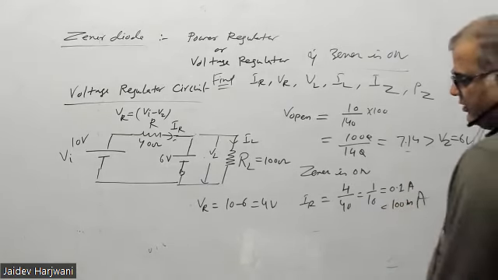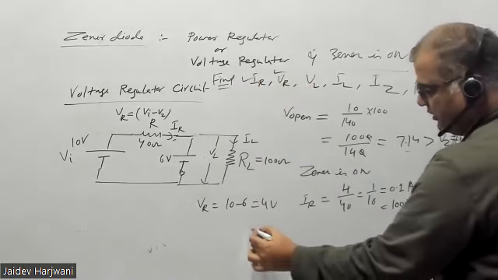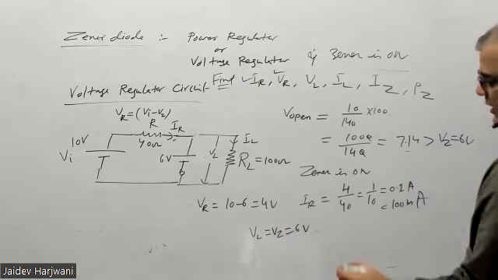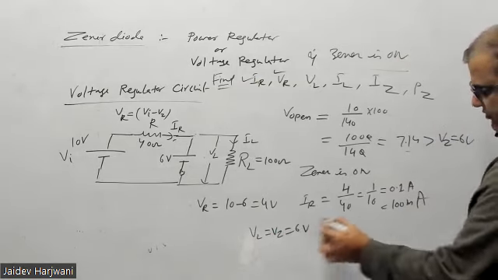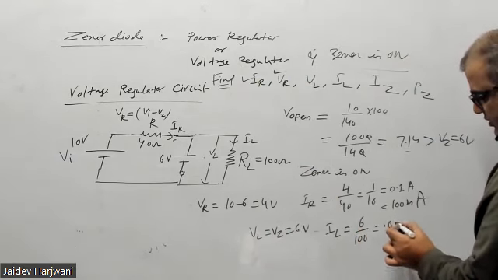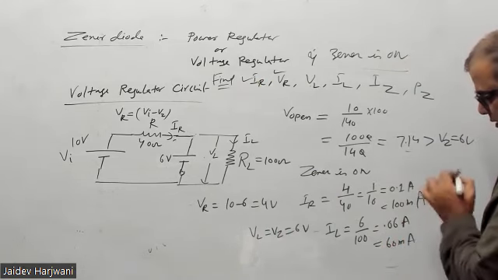Now this is known, so VL will be equal to VZ, 6 volt. IL will be equal to VZ, 6 volt, divided by 100 ohm, that is 0.06 ampere, that is 60 milliampere.